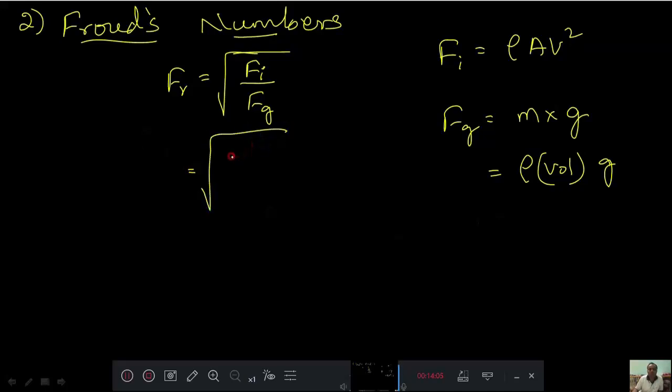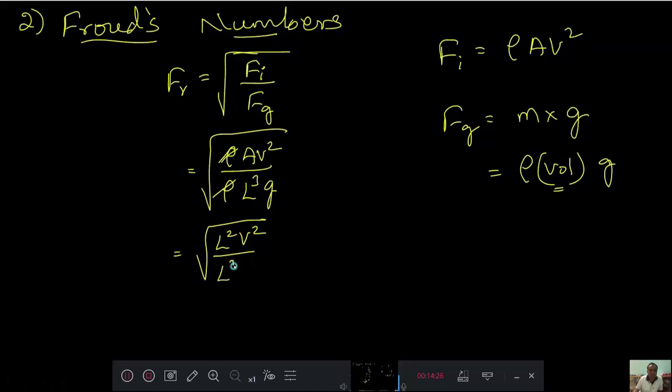That is, Fi is rho a v square, divided by rho into volume, L cube into g. Further, this rho cancels. Area means L square, so we get v square divided by L cube g.